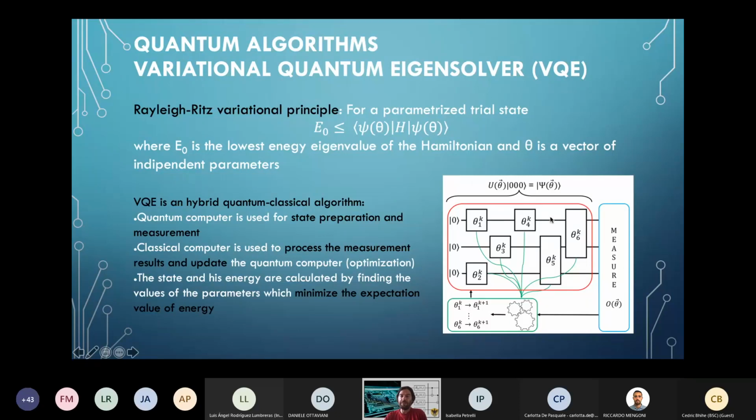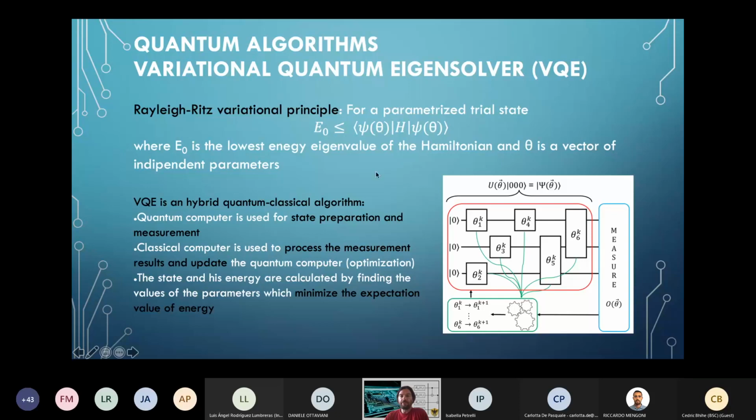What does this mean? It means that you can build a circuit which depends on many parameters, these theta parameters. Then you can evaluate in some way this expectation value, and then use a classical optimizer to optimize the theta parameters in order to get the lowest possible expectation value.